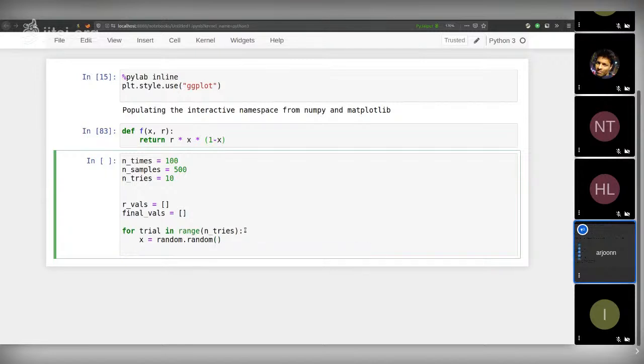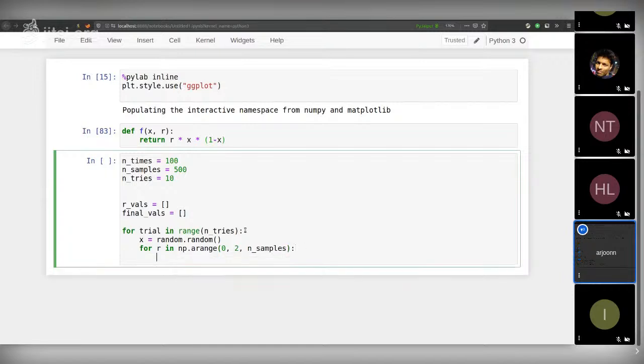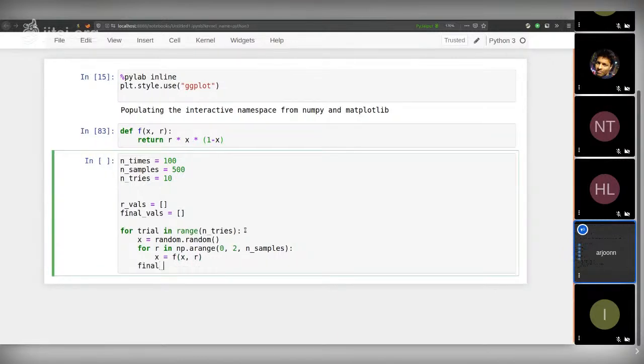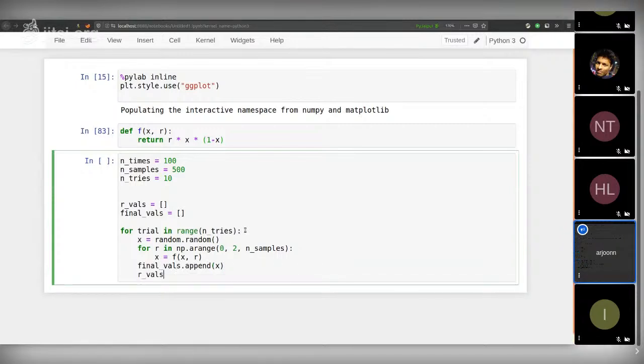And then what you do is you take r. So for r in np dot arange, let's start with 0, go till 2 in samples, and you get x equals to f of x and r. Final values dot append x, that's dot append r. So here we would take r, here we would take x.